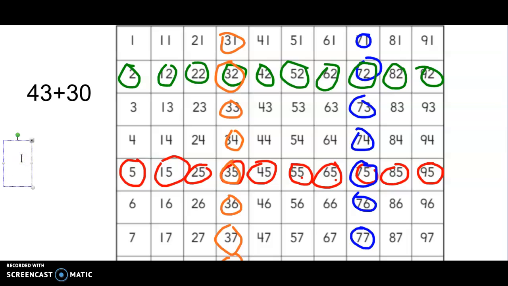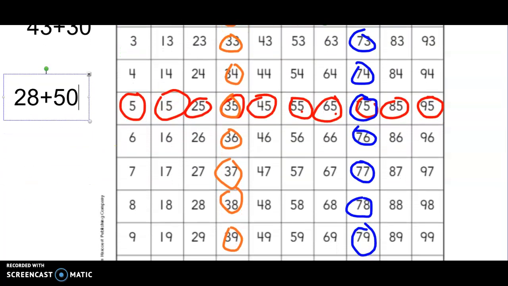Okay, let's do one more for practice purposes. We are going to do 28 plus 50. Okay, first we have to find 28, which means I have to scroll. Okay, we're starting at 28. We want to add 50.